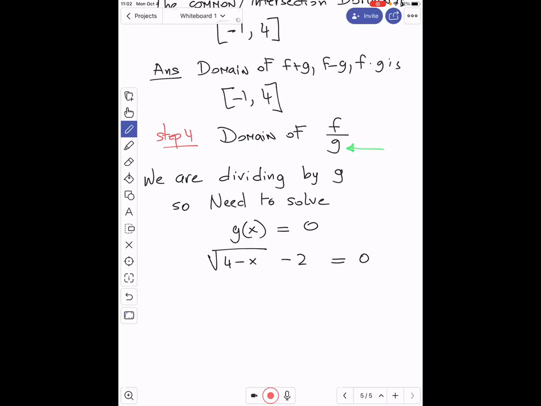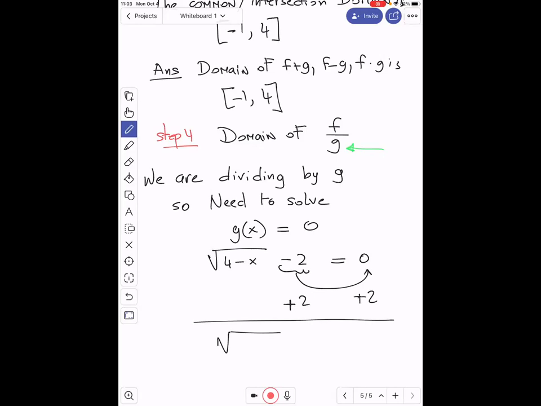I need to solve this. First thing to do is, we cannot really apply the square to the square root, because there's this -2 right here. So I need to move the -2 to the right side. I'm going to add 2 to both sides.